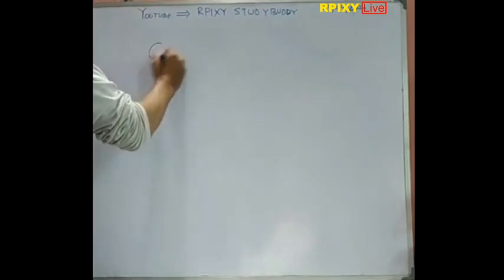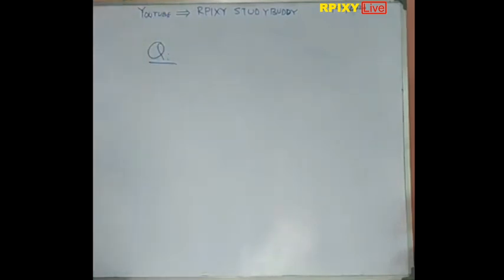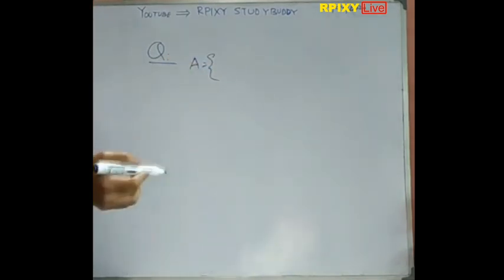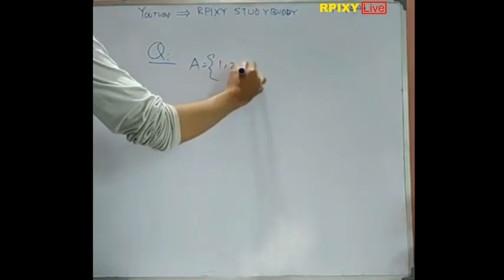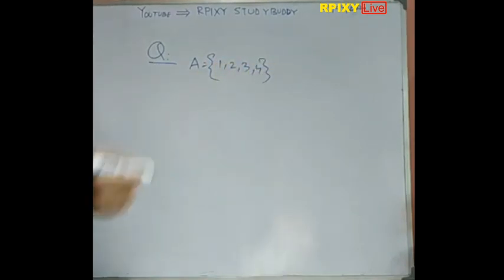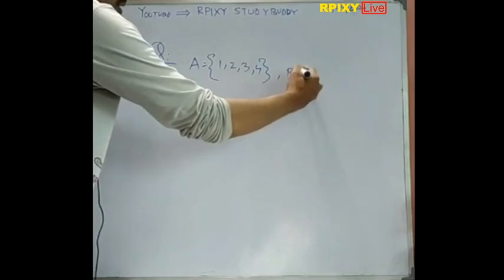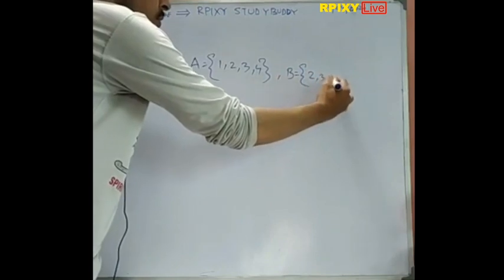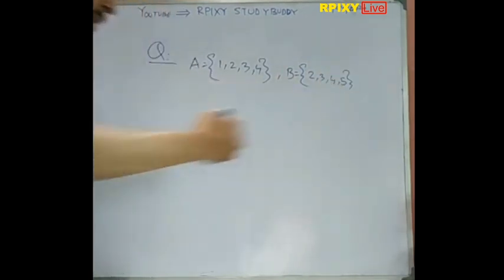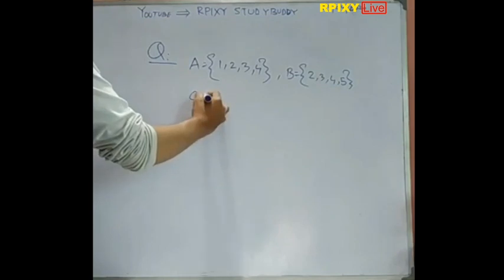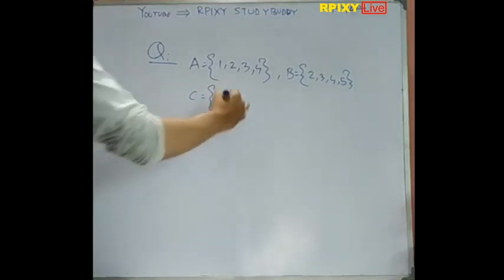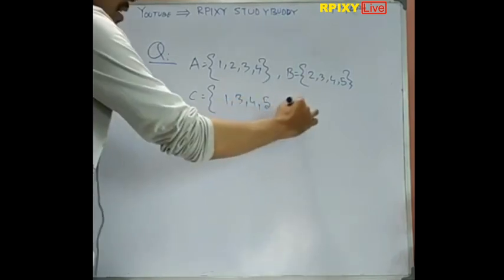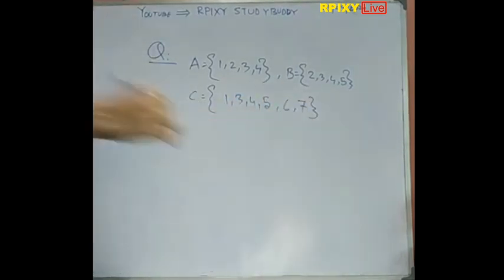Suppose this is a question. Suppose A is a set whose elements are 1, 2, 3, 4, and B is another set whose elements are 2, 3, 4, 5. And there is another set C whose elements are 1, 3, 4, 5, 6, 7. There are 3 sets.